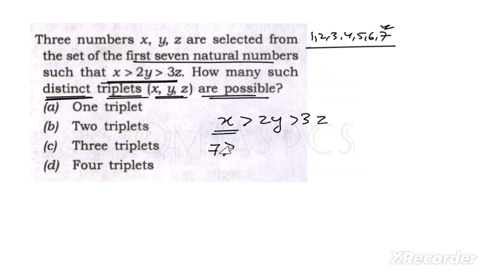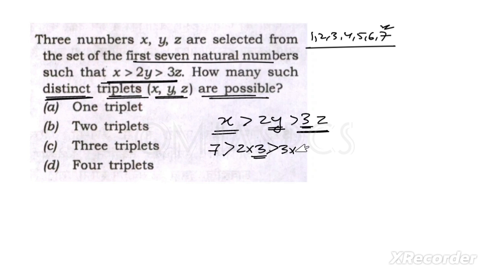Then this can be possible. To make it 6, the value of y will be 3. Now we have made it 6. What is the next value? Is 5 possible? No, because we have to write a multiple of 3, so it will be 3 multiplied by z.